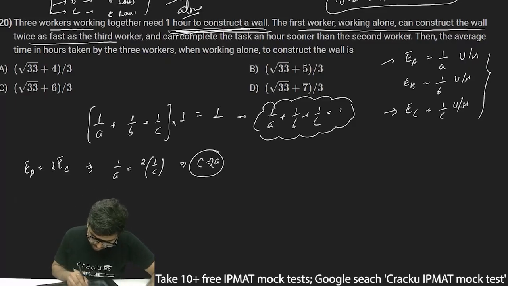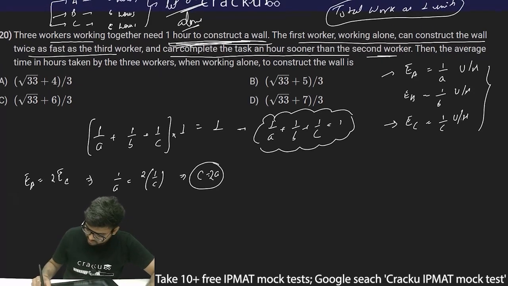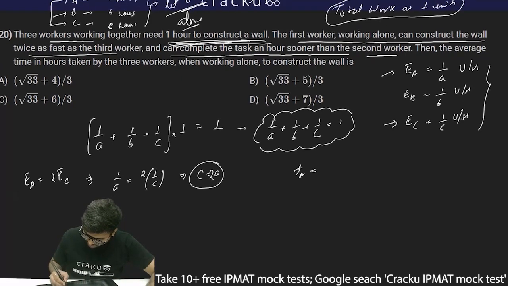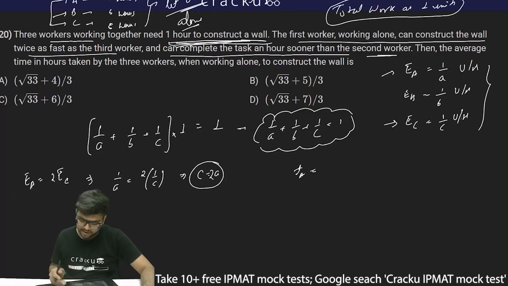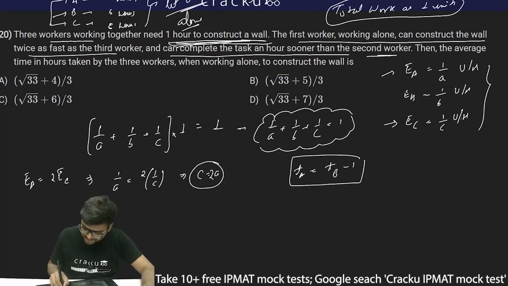Twice as fast as the third worker and can complete the task an hour sooner than the second worker. So the time taken by A is basically 1 hour less than the time taken by B. So A is taking 1 hour less than B. Thus I can write TA is equal to TB minus 1.